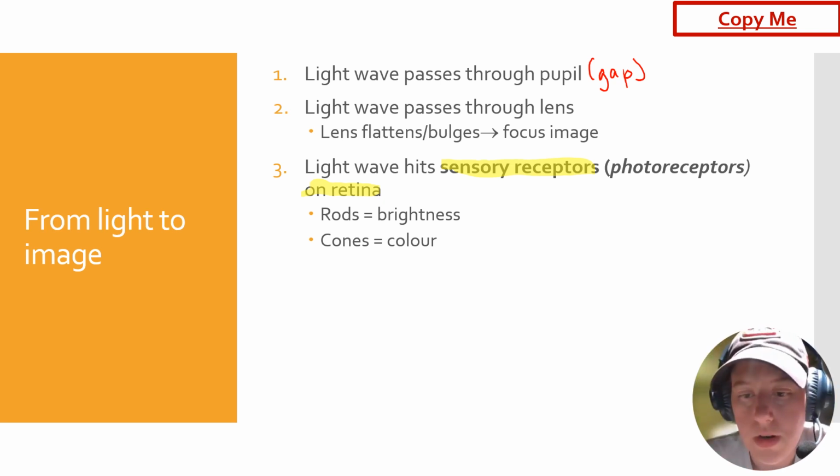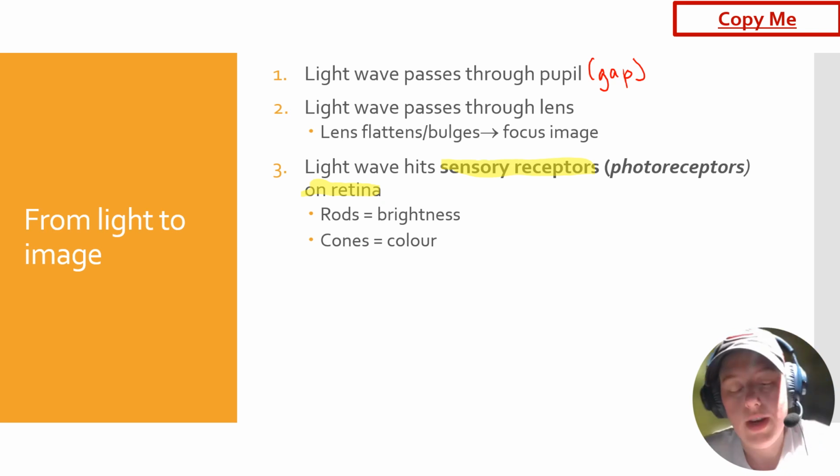So that's why when you're walking around with very, very little light during the dark, it's very hard for you to distinguish color. You can only really see in monochromatic scale because your cone cells are not activated, just your rod cells.